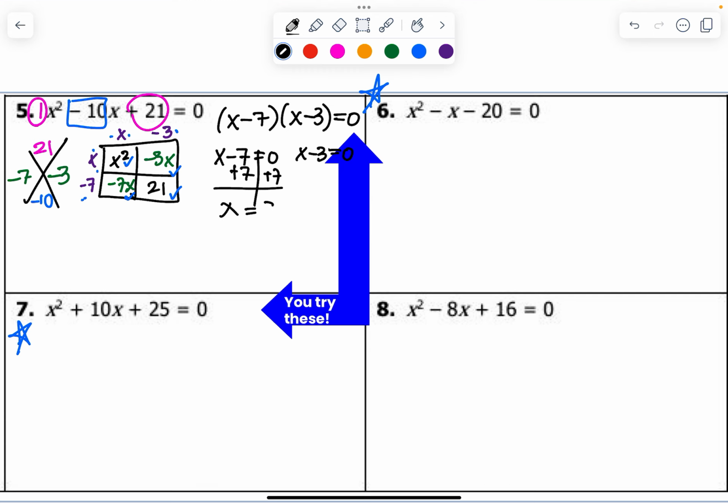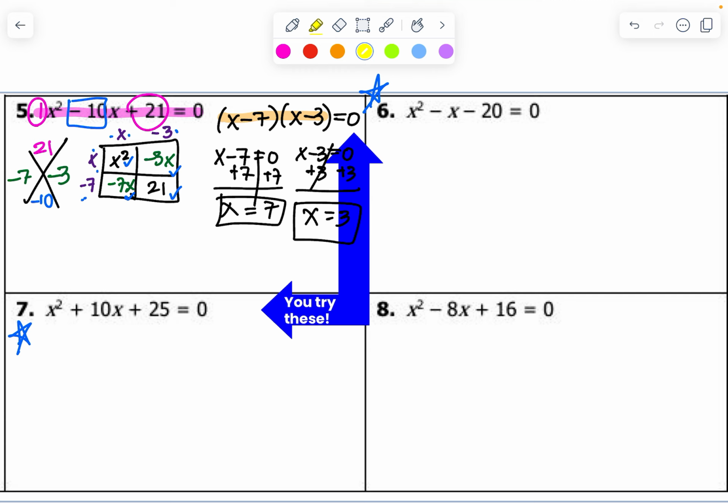I get x equals 7. X equals 3. Boom. Number 5 done. Again, to recap, we start off by setting our equation equal to 0, factoring our expression, setting each factor equal to 0, and lastly, solving for x.